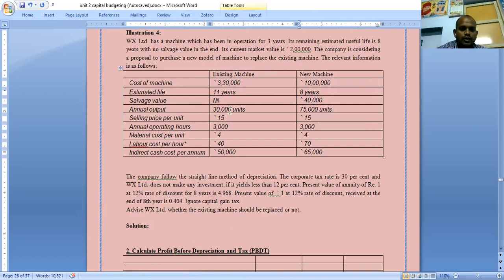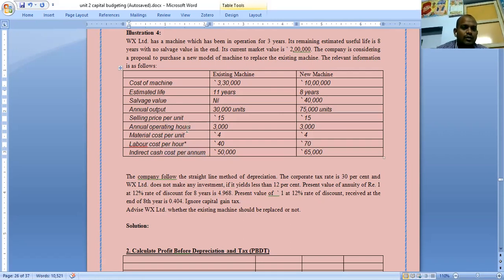So annual output 30,000 and 75,000. Selling per unit sales, and we have to deduct the operating costs: annual operating hours, labor hours, material cost, indirect cash costs.